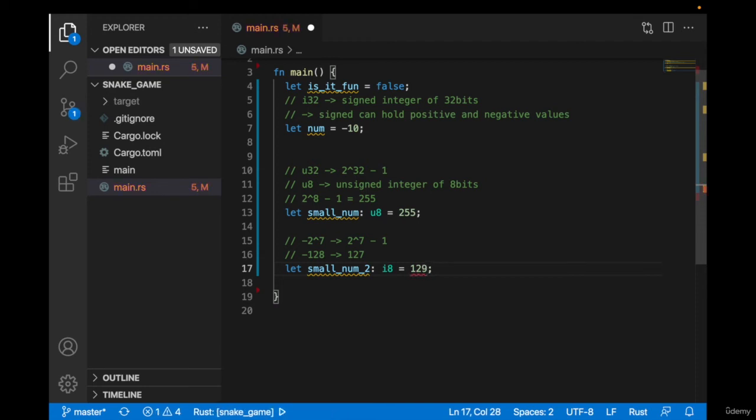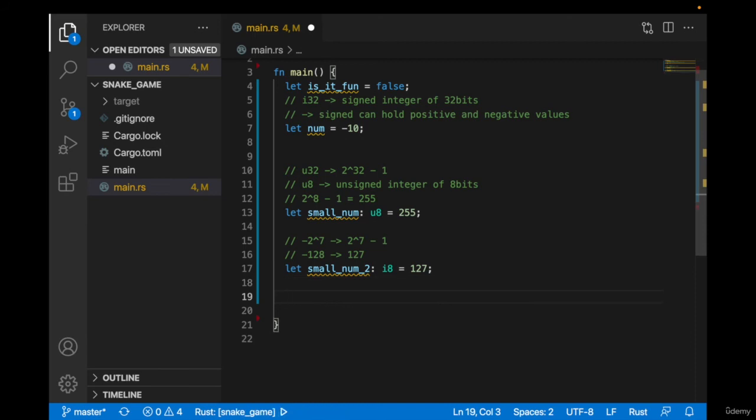So that's the range I can hold with a signed type, just for you to know. Similarly, you can compute the same values for i16, i32. The same formula is applied, where the power is the number of bits in the type minus 1. That's how you can compute it. So 127 is the maximum we can use here.